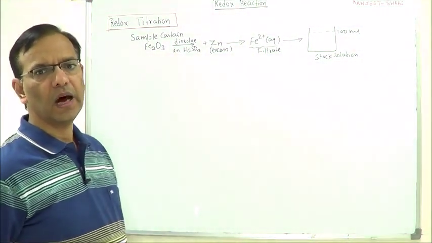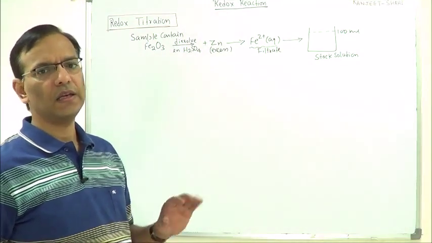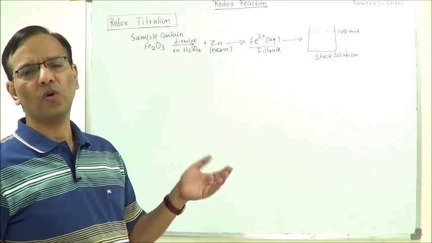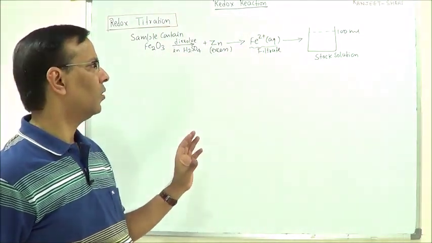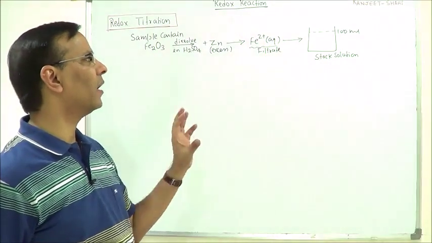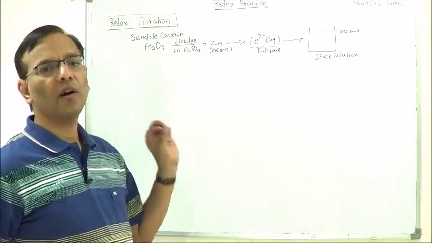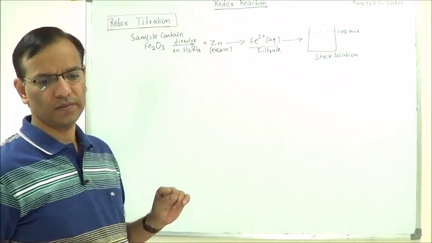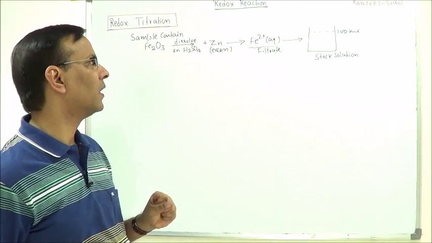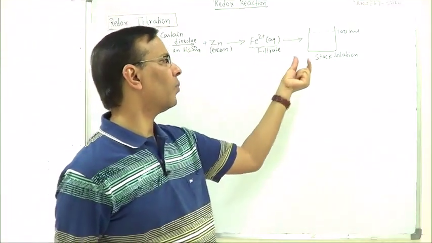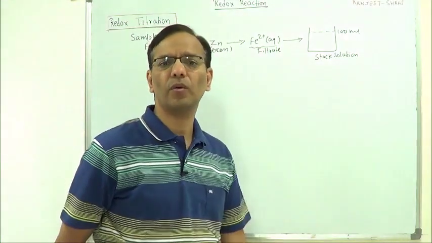And then after filtration, the filtrate containing ferrous iron is diluted to make a solution of a specified volume. Presently we are taking 100 ml as that volume, and that will be treated as stock solution. In the next step, we will be taking a small portion of this stock solution for analysis through titration.